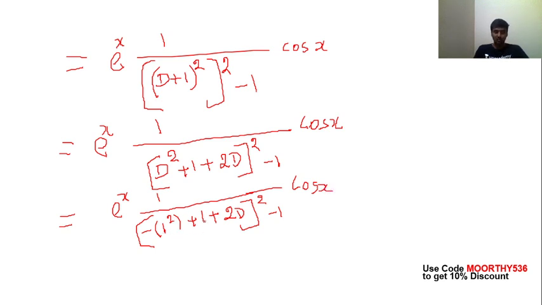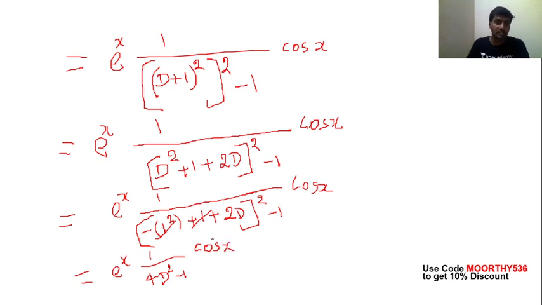Now minus 1 plus 1 cancel, (2D) the whole square. That is equal to e power x divided by, cancel this term, then remaining 1 divided by 2 square, which is 4 into capital D square minus 1, into cos x.